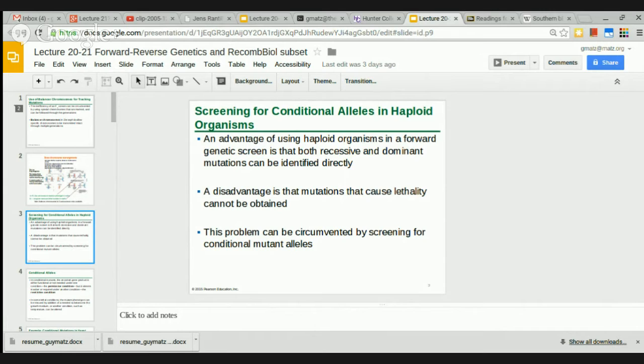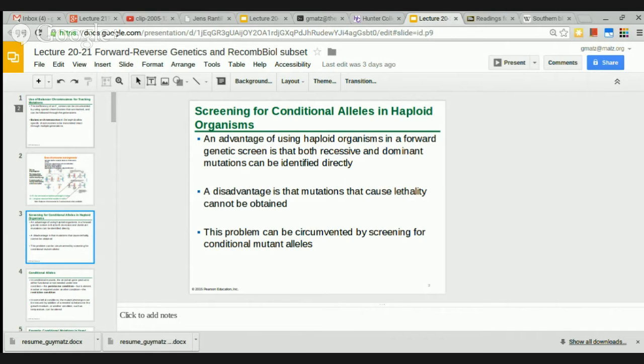So one kind of conditional mutant is, for example, this mutation is no problem as long as you give the organism all of the necessary nutrients and add in all the amino acids that they may need. But if you take away some of the amino acids, most wild-type organisms will grow, but maybe a mutant won't.